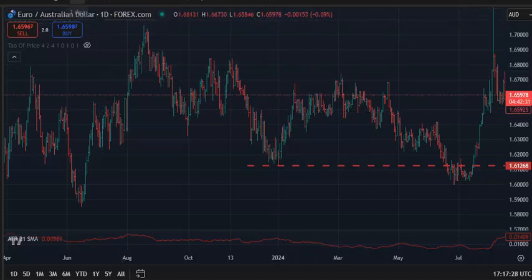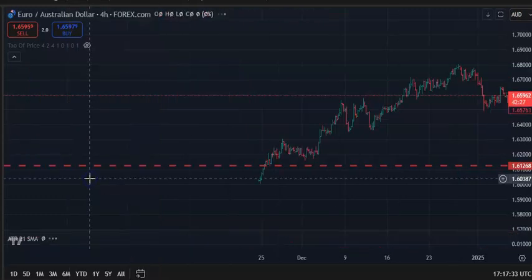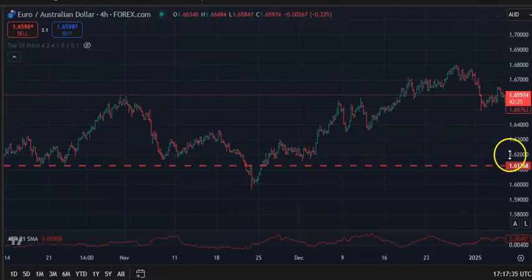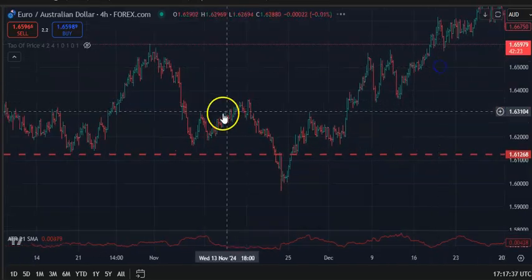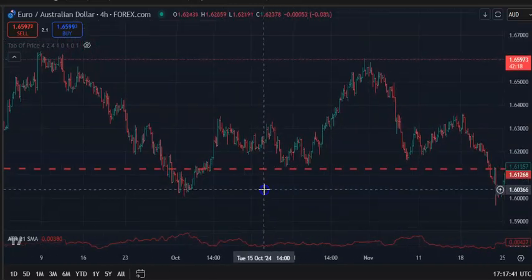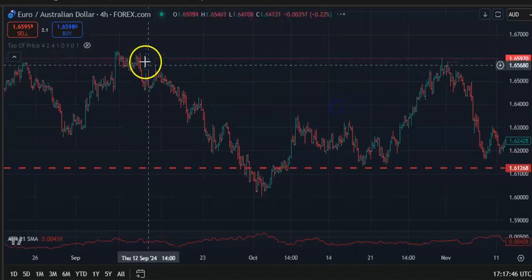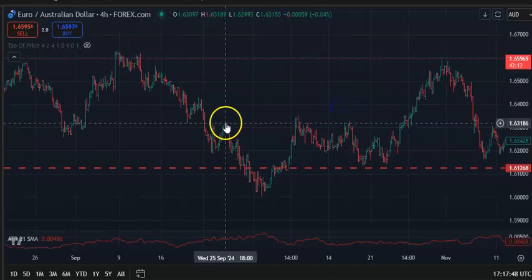So let's go to a 4-hour chart and let's tackle this together. Well, using the same points off of the daily, we've got a high, we've got a low, lower high, lower low.